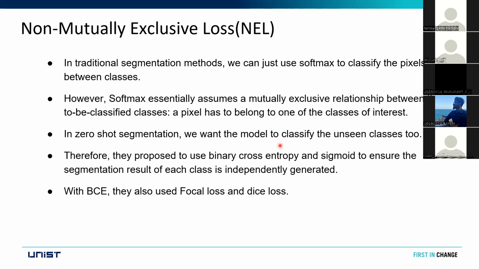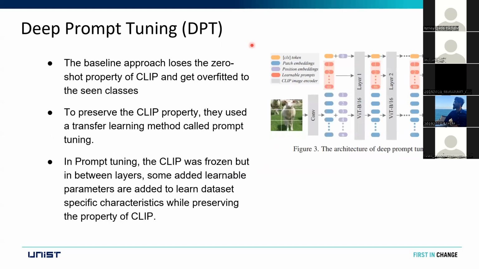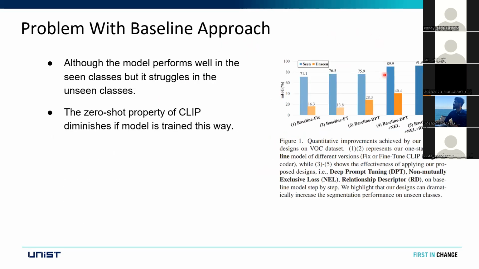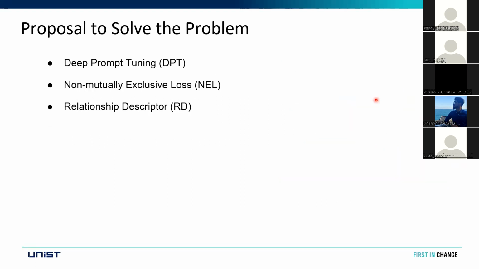Along with BCE loss, they also used focal loss and dice loss for segmentation. Using this non-mutually-exclusive loss, they also improved accuracy. Combining with GPT and NEL, they reached 40.4 compared to 28.3.